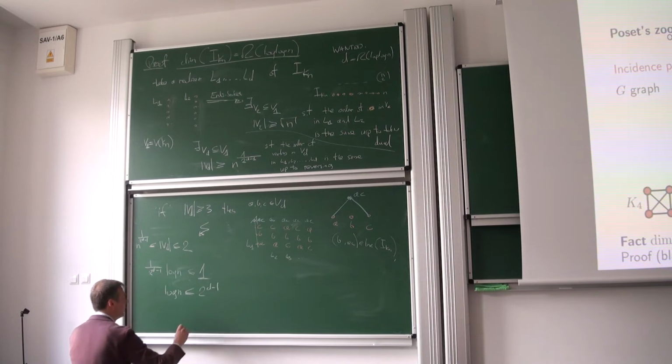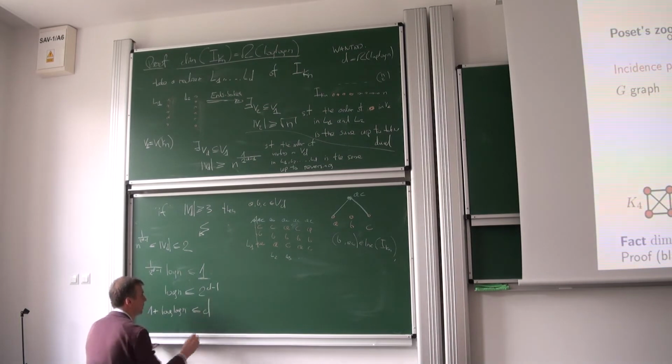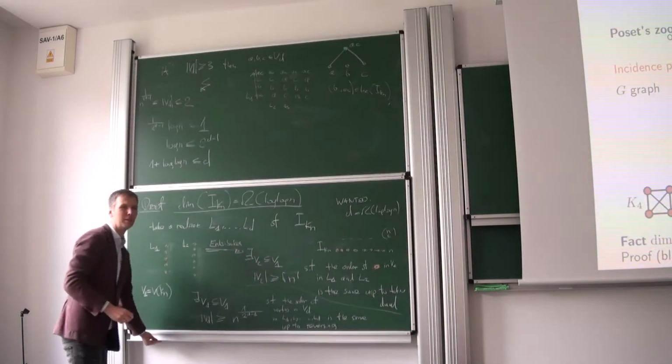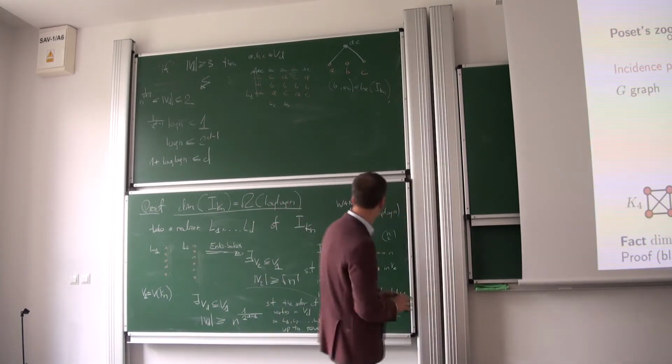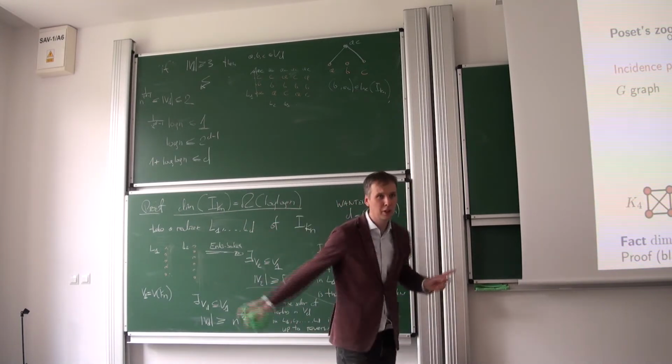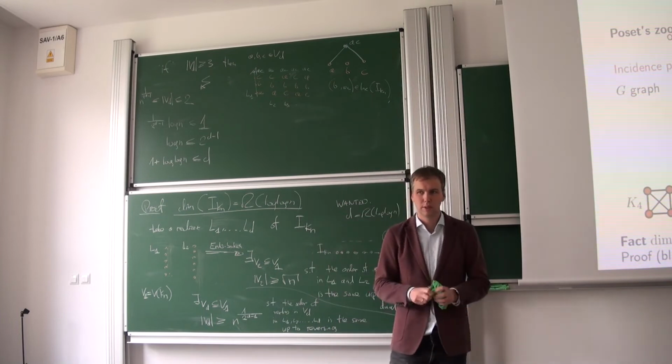So this means that log log n plus 1 is less than d, as desired. So this omega could be replaced by a nice looking function. That's the lower bound. Right?